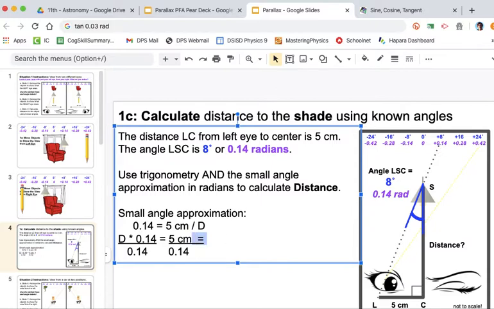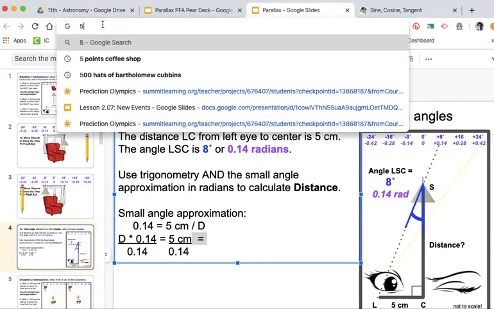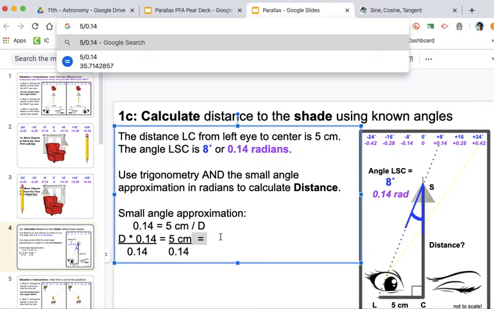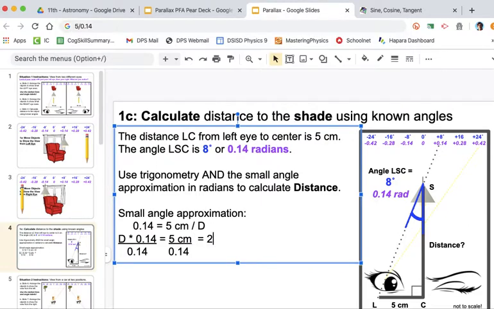Let me get out my calculator and just see what is 5 divided by 0.14. It's about 35, or 35.7, it said. So we get basically the same answer. Both of these are totally correct ways of doing it.